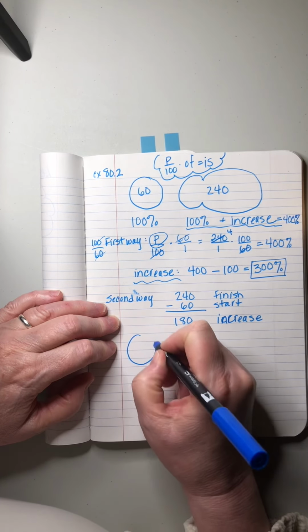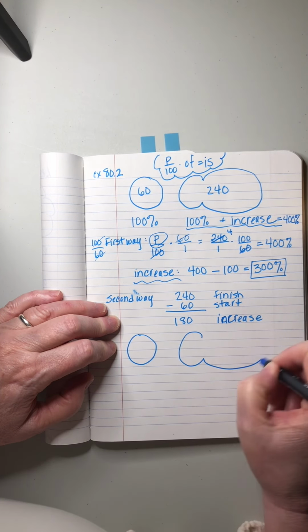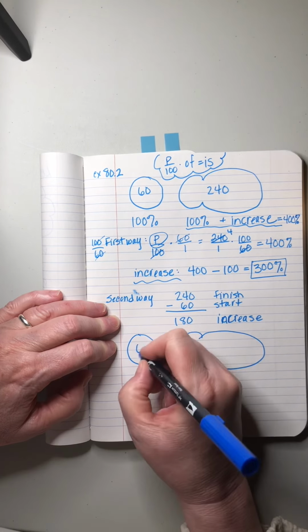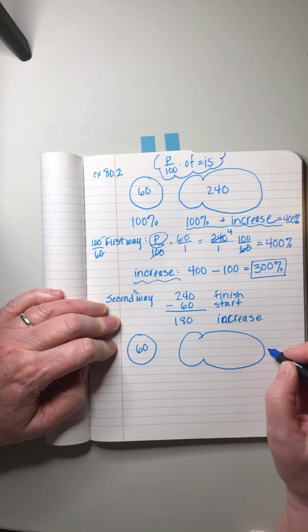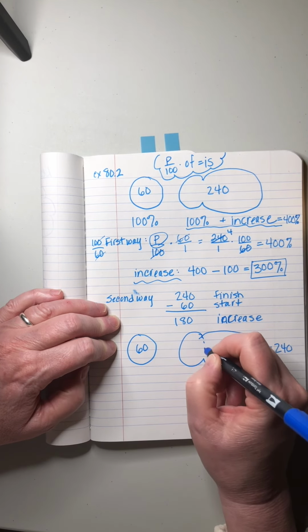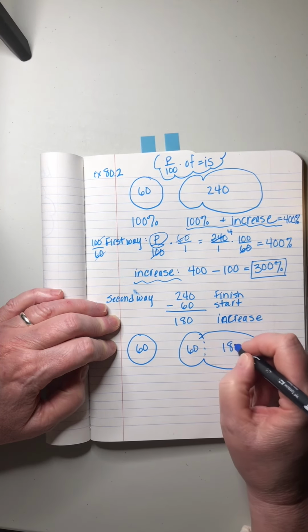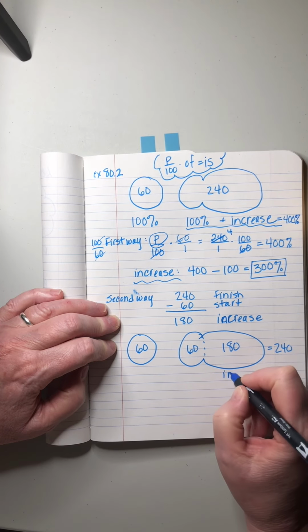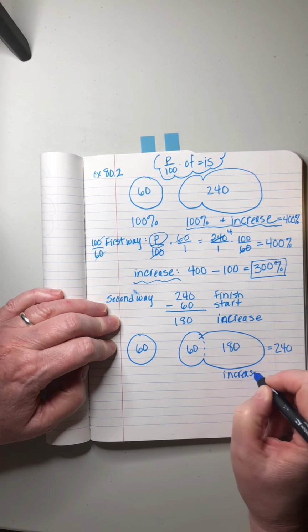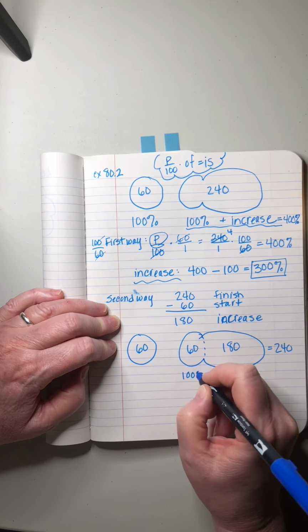Here, let me just draw it again so I don't confuse the drawings. If we originally had 60 and we ended up with a total of 240, that would represent our original 60 plus 180. That would be the increase. Remember, these are not percents at all. I'll write the percents out here, right?